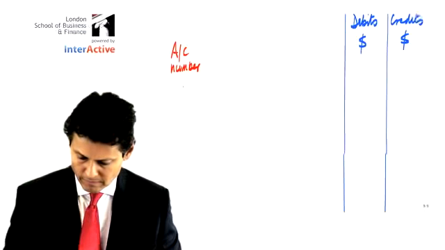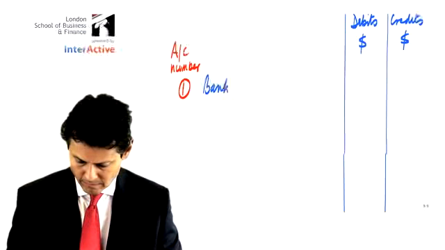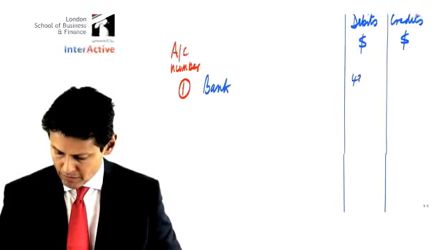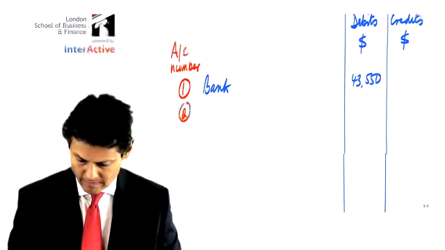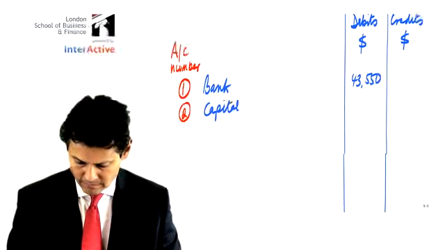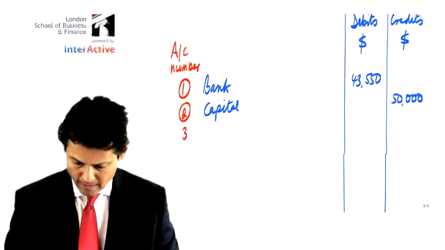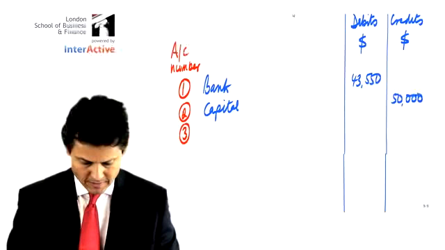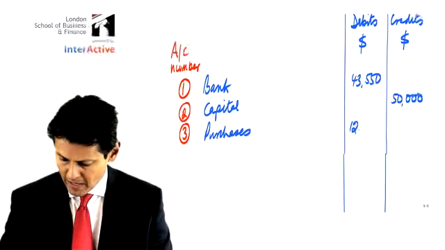The first account, the bank account, therefore, is 43,550. The second account is capital, 50,000. The third account is purchases, 12,000.